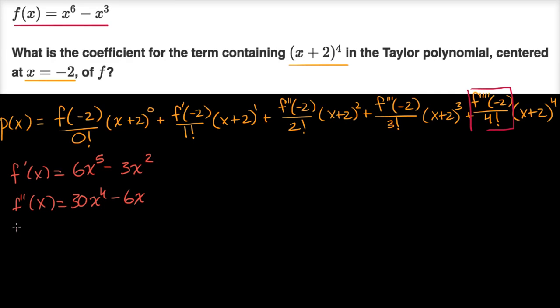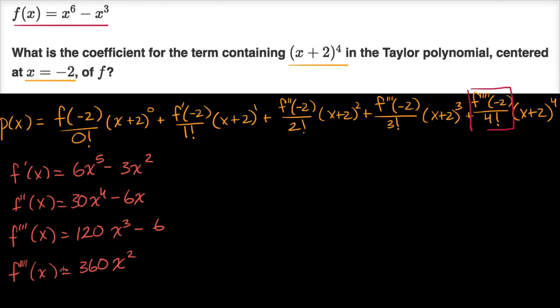Third derivative of x is going to be equal to 4 times 30 is 120, x to the 3rd power, minus 6. And then the 4th derivative, which is what we really care about, is going to be 3 times 120 is 360, x to the 2nd power, and the derivative of a constant is just 0.